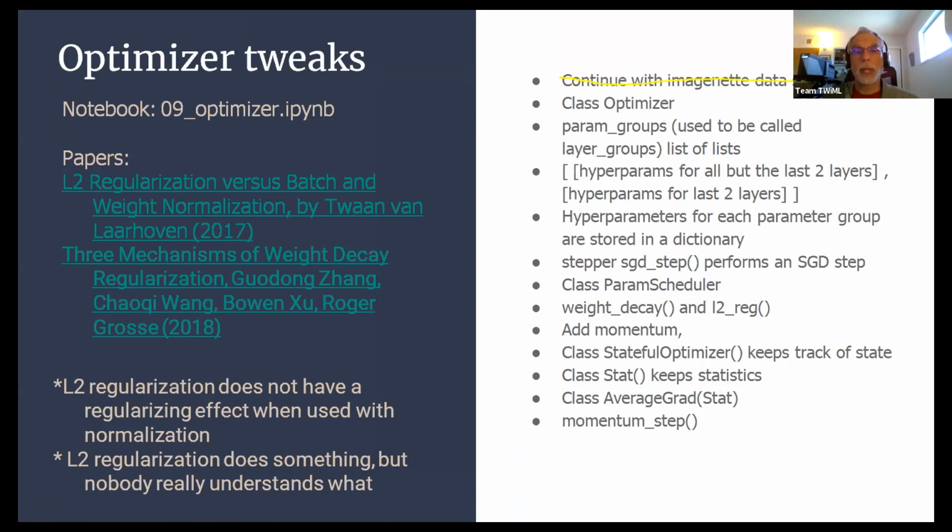The update of the weight is the old weight minus a constant times the gradient. That's the back propagation, right? So weight decay is when you add an extra term to that update, and that extra term is the derivative of the sum of the squares of the weights.